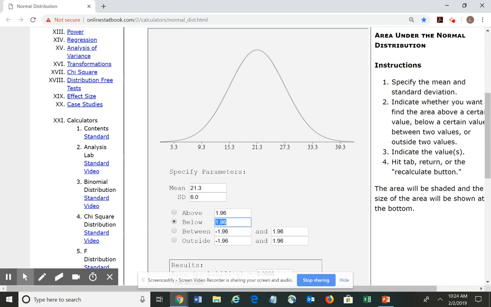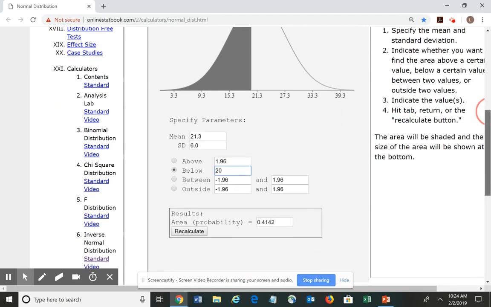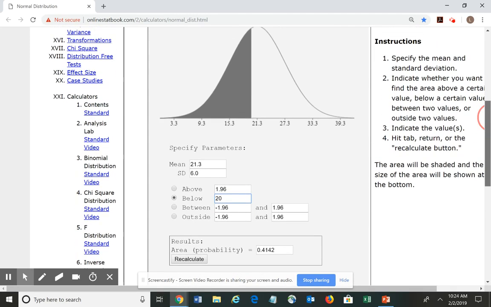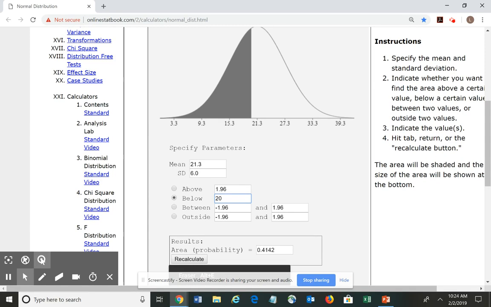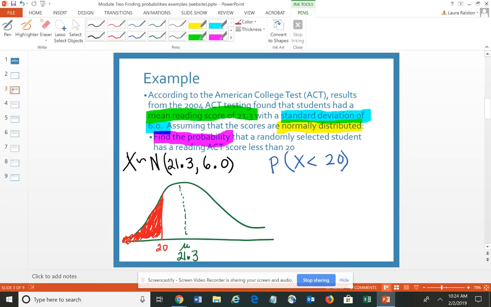Then I give it the value, 20, and I hit enter. When I hit enter, it gives me the value in the results box at the bottom of the screen. My value is 0.4142.